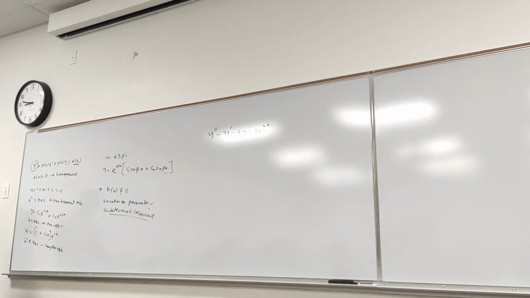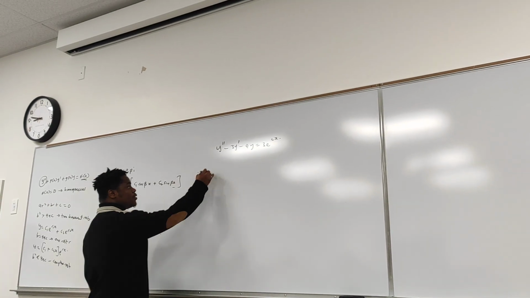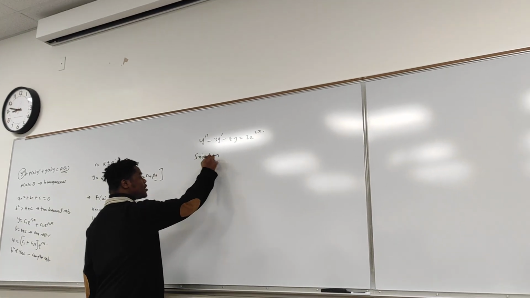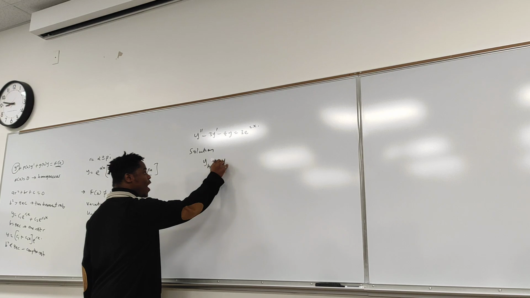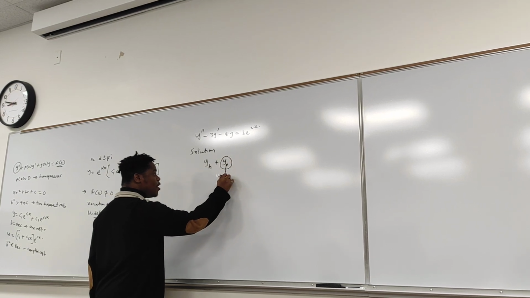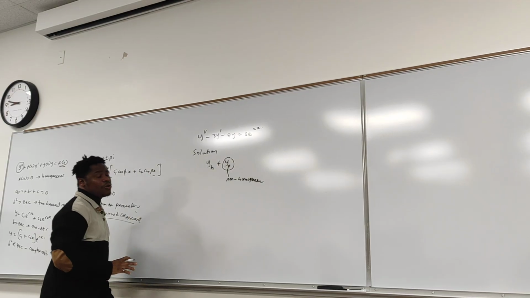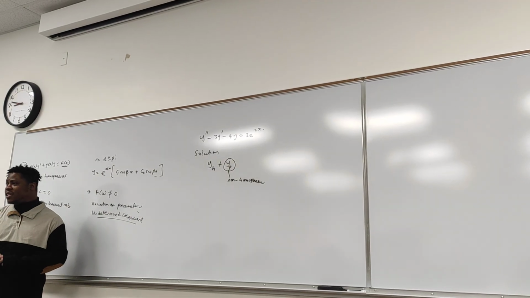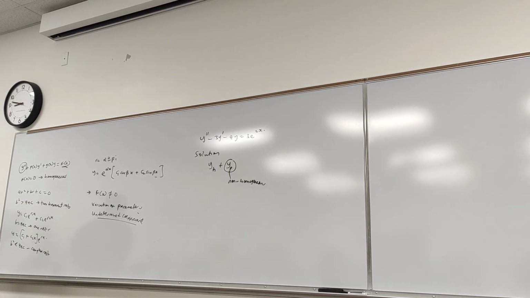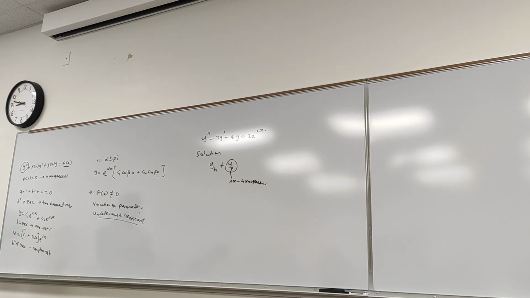The first thing you want to do is our solution is y homogeneous plus yp. You assume homogeneous first and solve, then you solve for the non-homogeneous part.